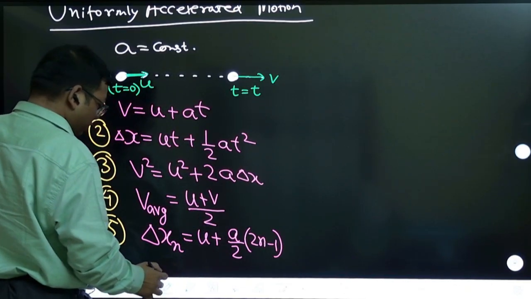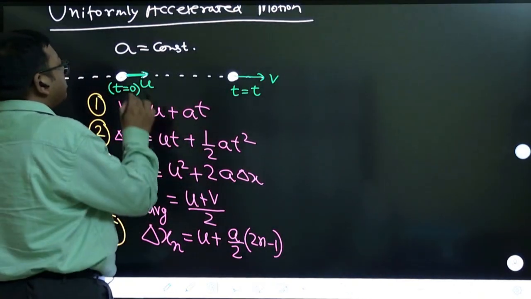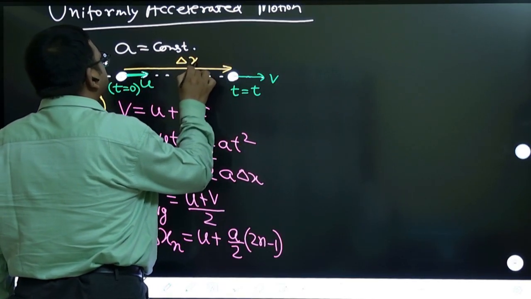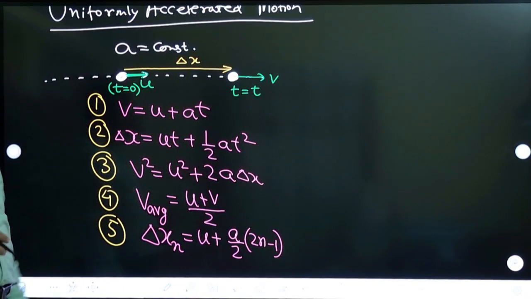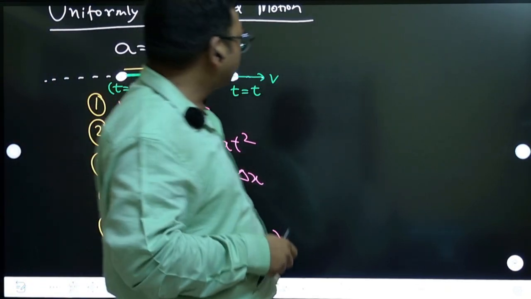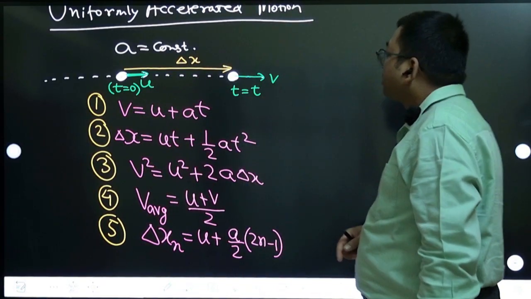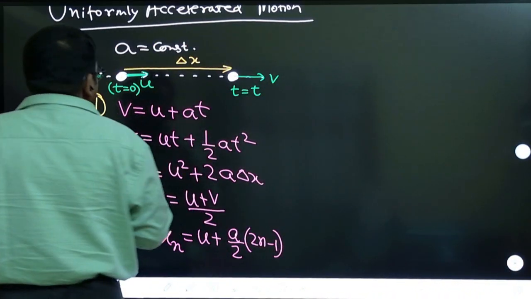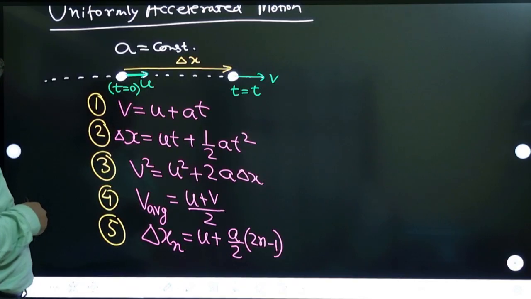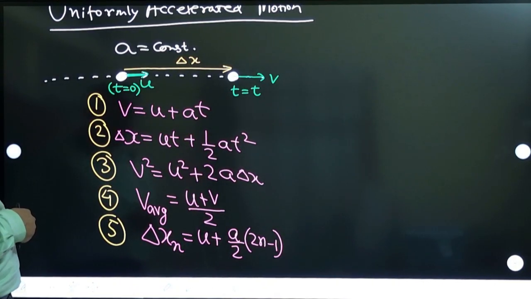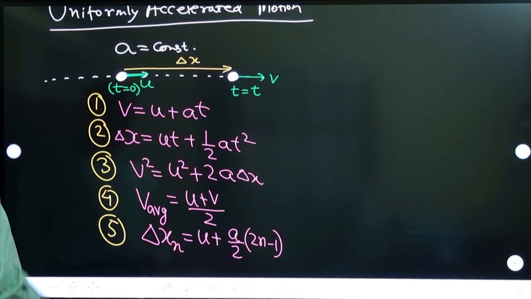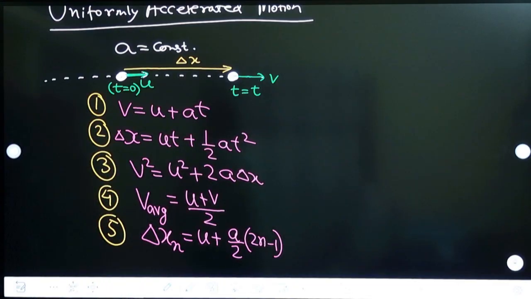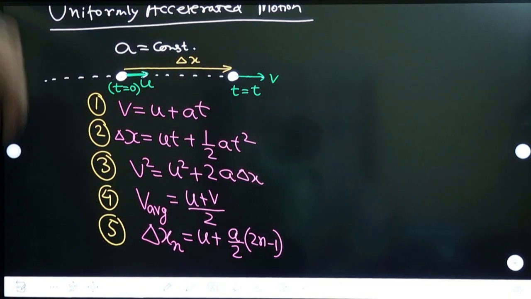What is the displacement from initial to final? This is called displacement delta x. You know, displacement is final position minus initial position. We have already done that. And this is the time. Acceleration a is constant. What else is remaining? Everything is there. So in this equation, tell me.